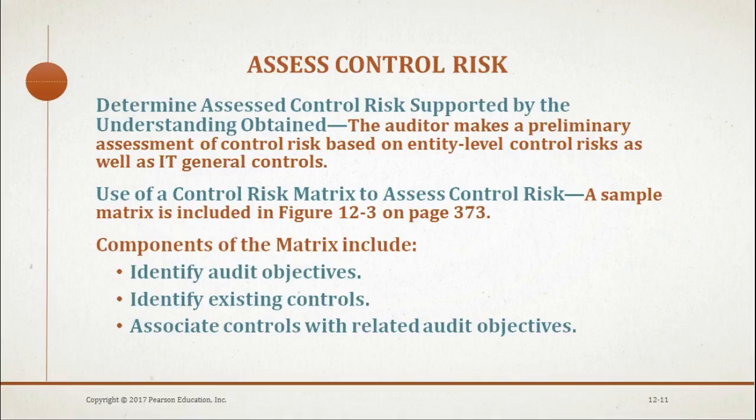The purpose is to provide a convenient way to organize assessing control risk for each audit objective. Components of the matrix include the identification of audit objectives, the identification of existing controls, and associating controls with related audit objectives. You can find a sample matrix in figure 12-3 on page 373 of your textbook.